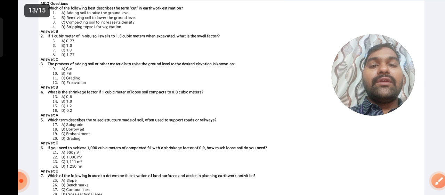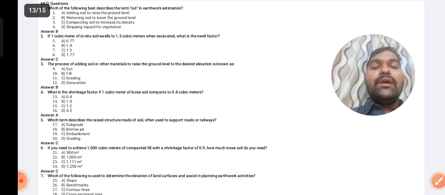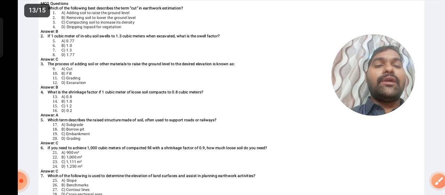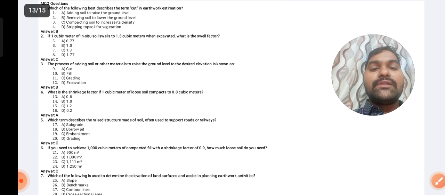Coming to the next one: if you need to achieve 10,000 cubic meters of compacted fill with a shrinkage factor of 0.9, how much loose soil is needed? Likewise, just multiply with that 0.9 with 1,000, then you get a value, maybe 900 cubic meters. So the answer is C, 1,000 cubic meters only.